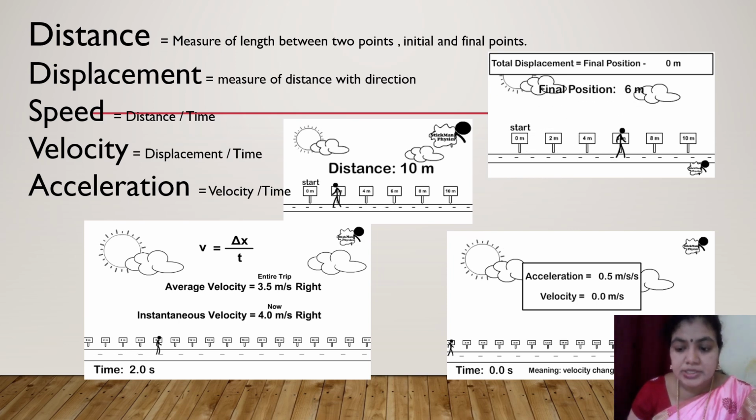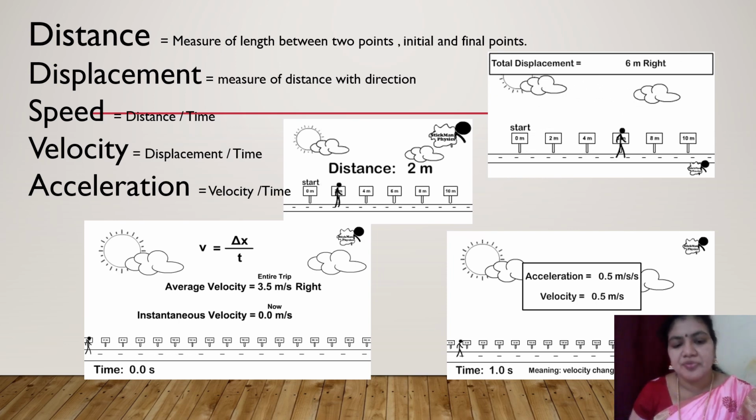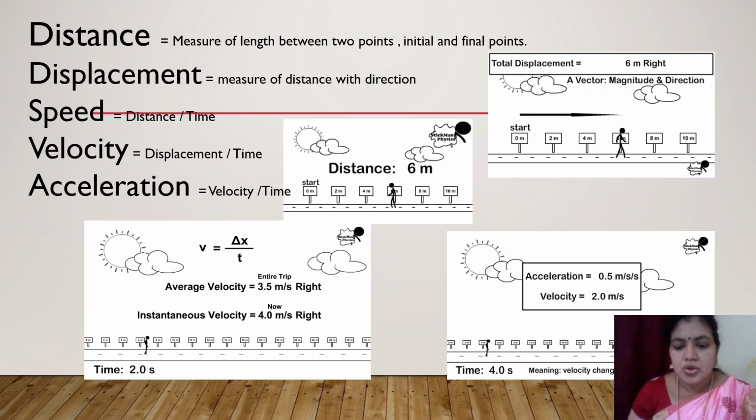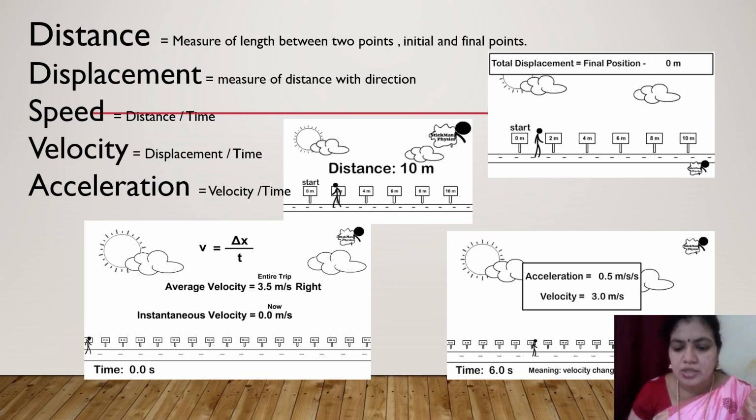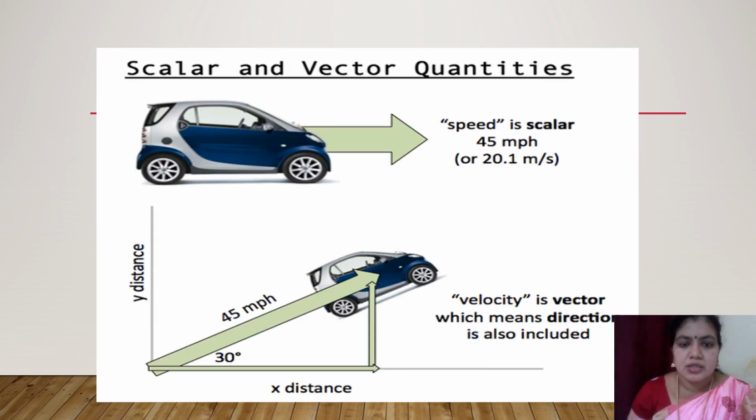Acceleration is the rate of change of velocity with time. If the velocity is not constant, if he is speeding up as shown in the animation, or if he is slowing down, we will be able to get it from the acceleration term. The scalar and vector quantities pictorial representation we can see here.